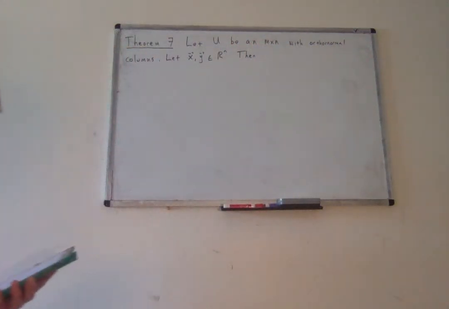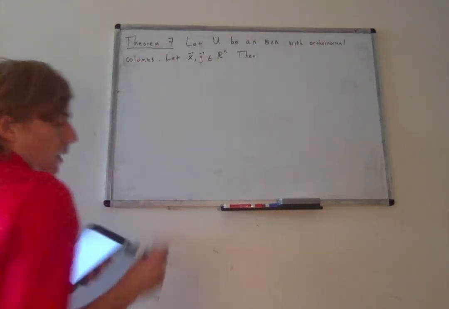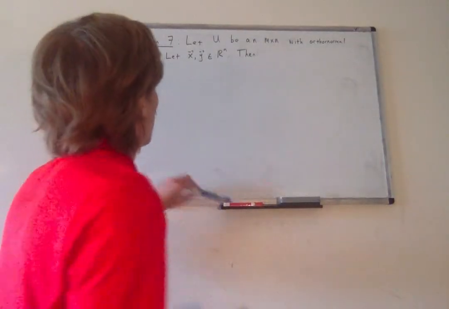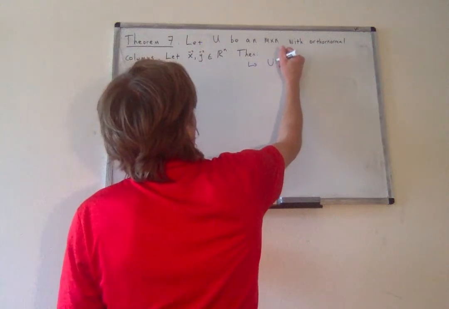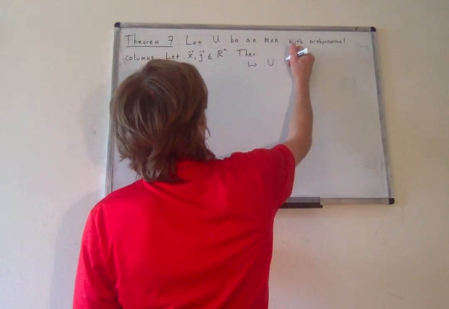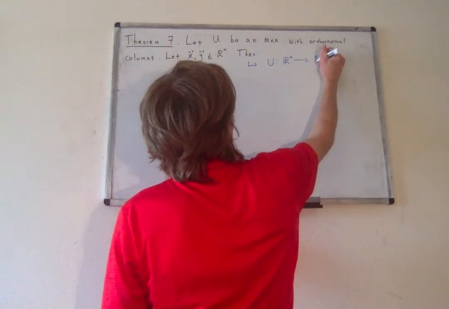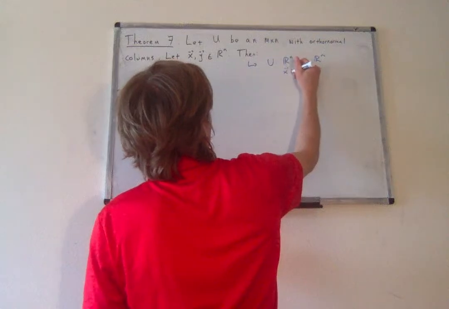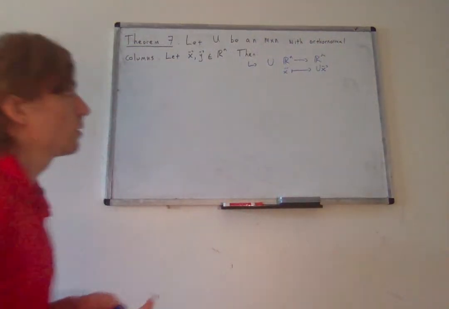So why is that? Well, and actually, just to remind us, remember that U represents a linear transformation from Rn to Rm, right, where every vector x in Rn gets sent to the vector U times x.